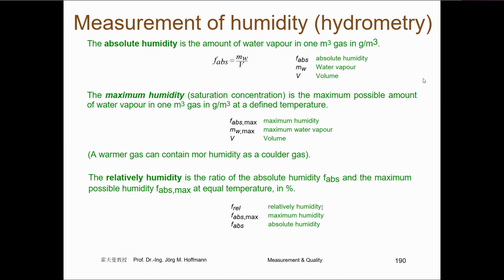So, and now is the question how to measure the amount of water in the air. Of course, you can measure it also with a spectrometer, with infrared light, because water absorbs wavelengths in the infrared range.